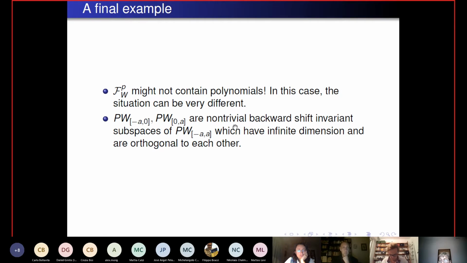They are also invariant, so this is completely different from polynomials, and you don't have subspaces which are totally ordered because these are orthogonal to each other. Okay, yeah, all right. Thank you.